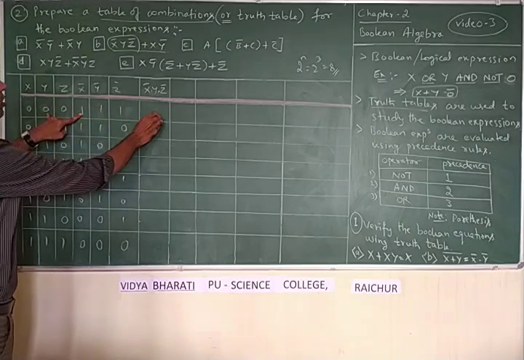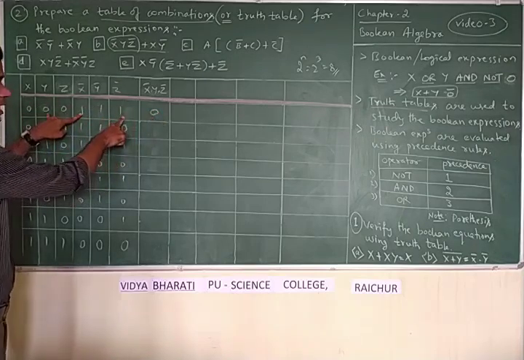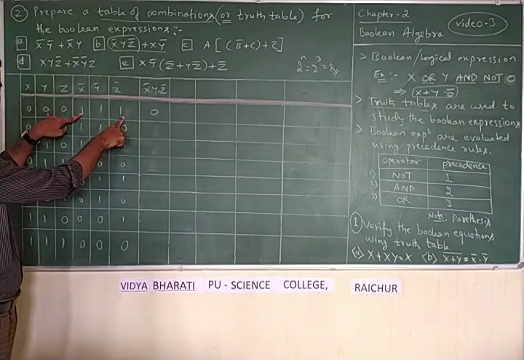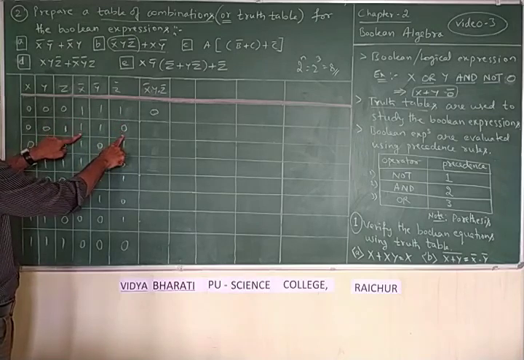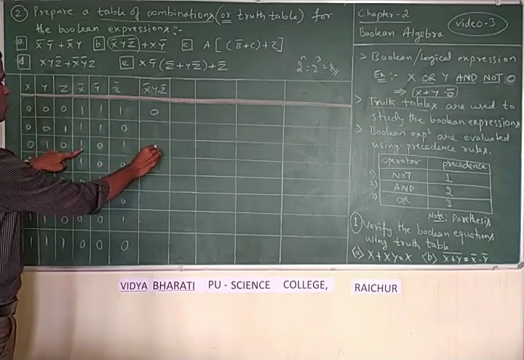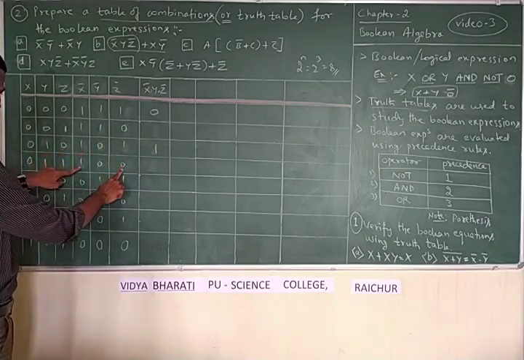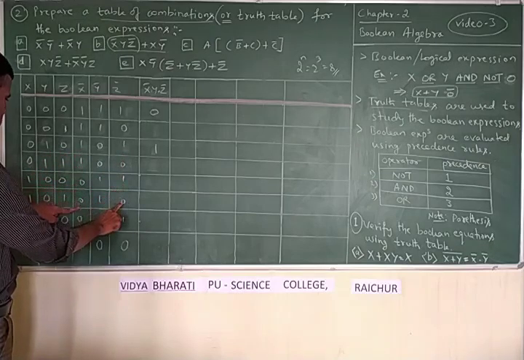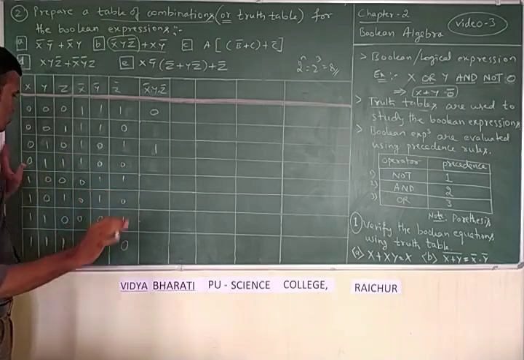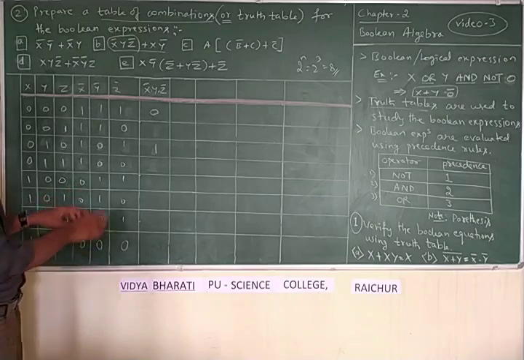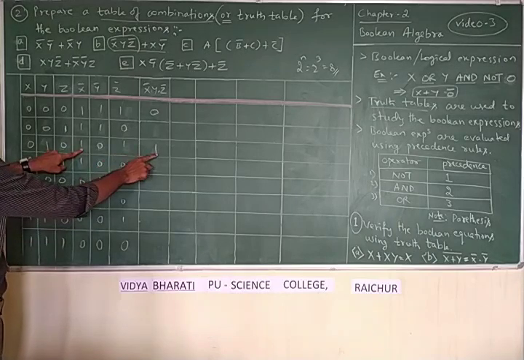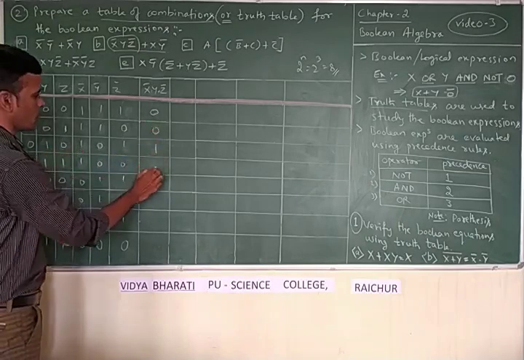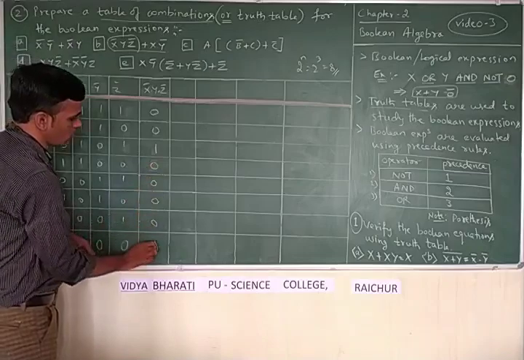So finally it is going to be 0 because all are not 1. Next, if you follow just like that, here all are not 1. Here all are 1, so 1. Here no. We are not getting all as 1 except in this case: x bar, y, and z bar. Only in this case we are having 1. So all other cases are 0.